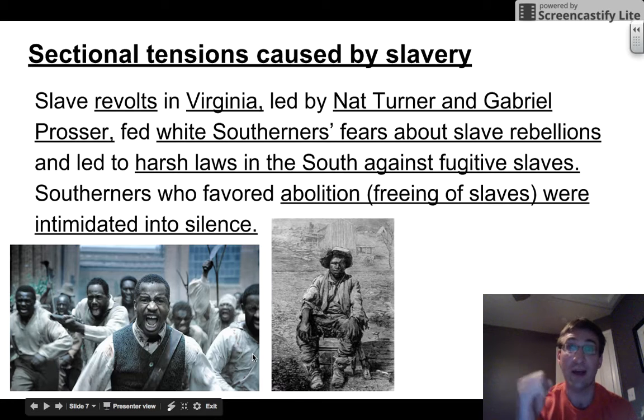These men rebelled, but the Southerners were scared, so the laws grew harsher. Southerners who favored abolition, meaning the freeing of slaves, were intimidated into silence.